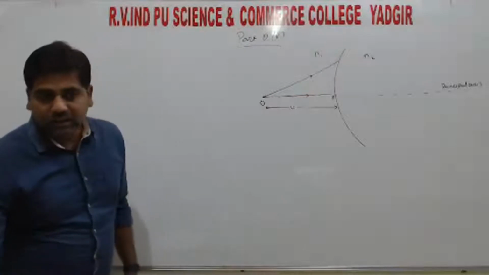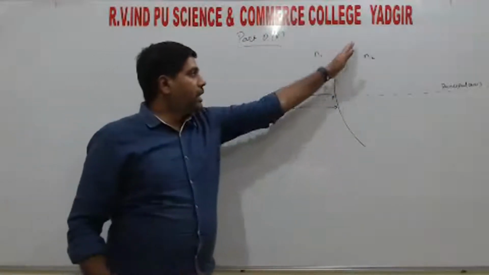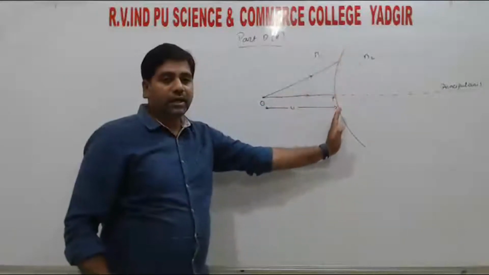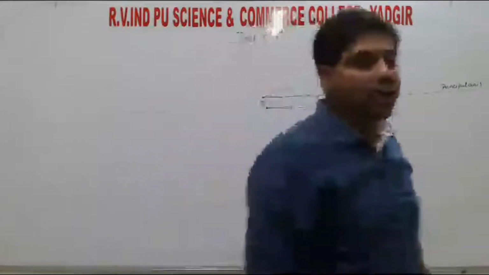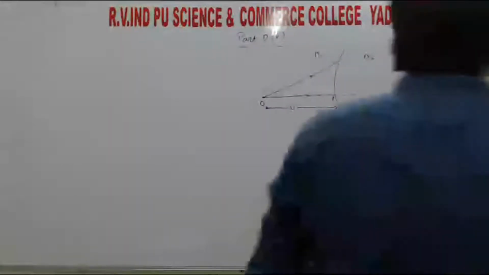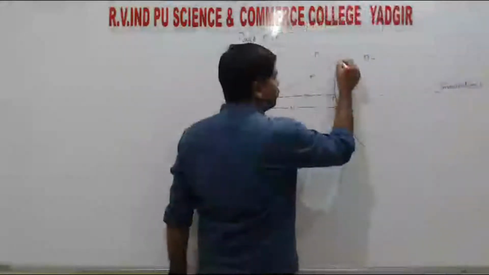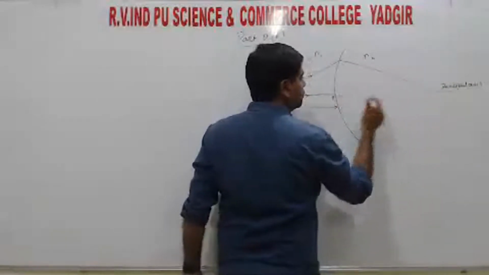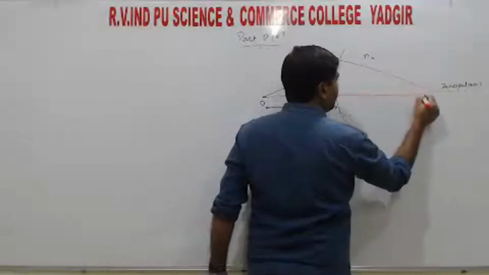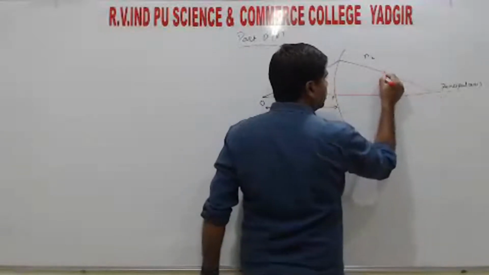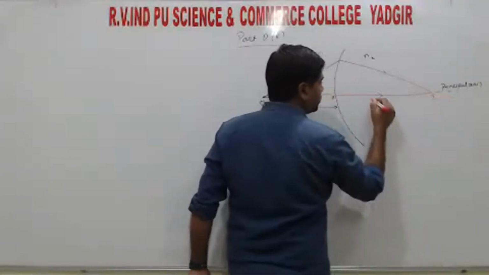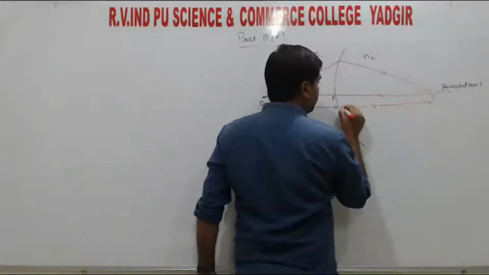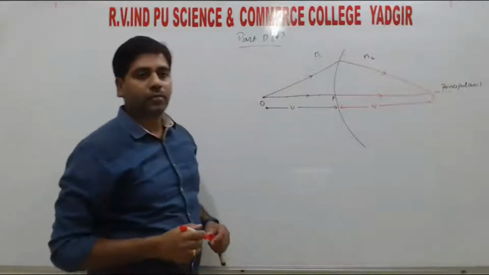After they are incident on the spherical refracting surface, those rays will refract, right? So these two rays will meet at a point, and that is the image, at a distance v again from the pole, right?